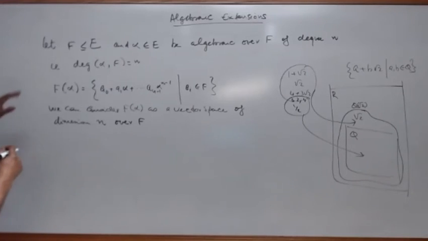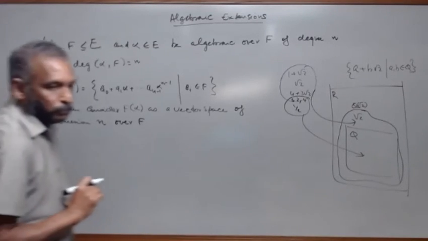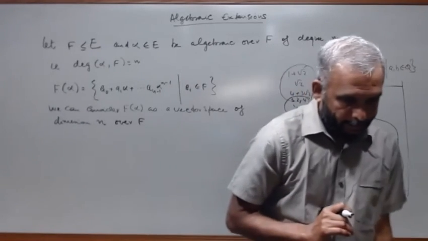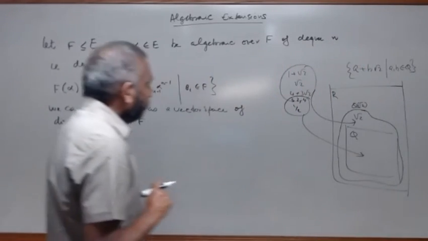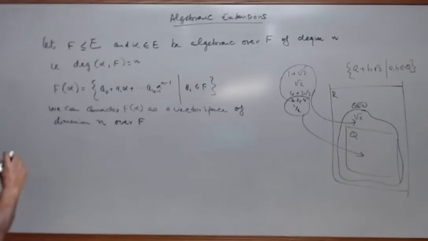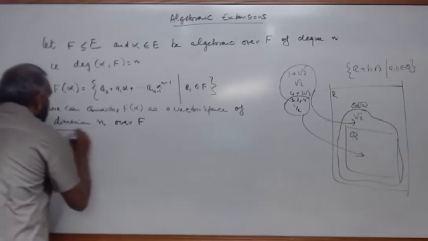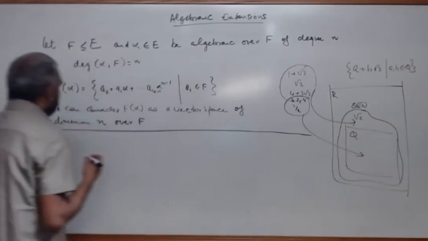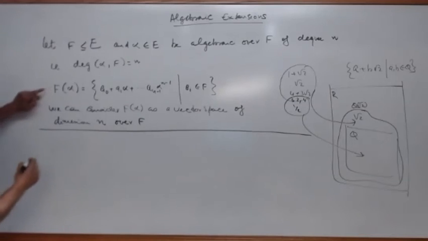Okay, so this is the reason why we defined the vector space before we came to algebraic extensions. Now let us take an element in F(alpha).